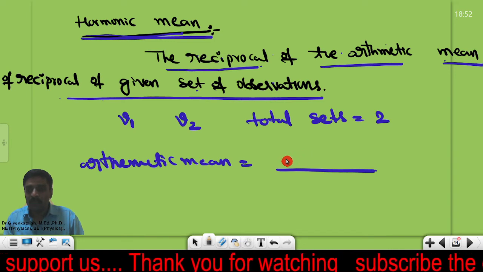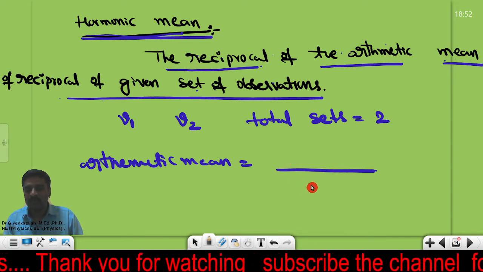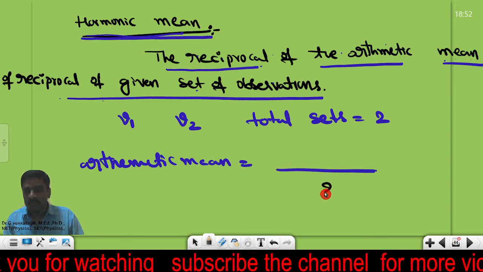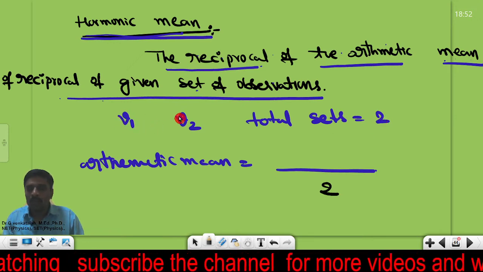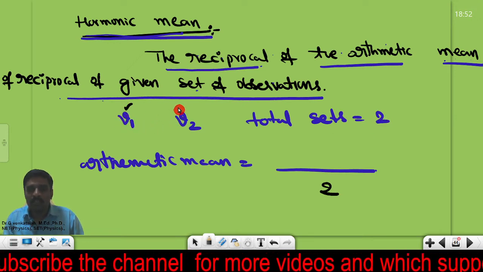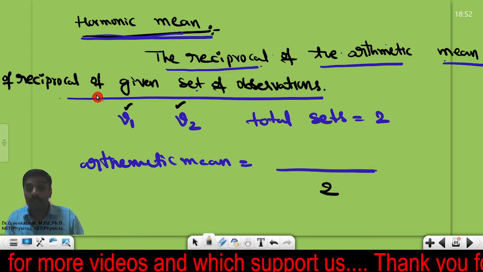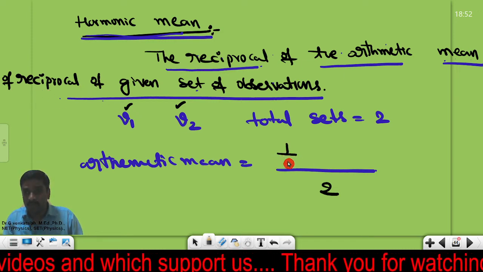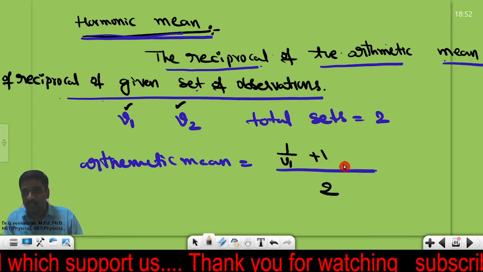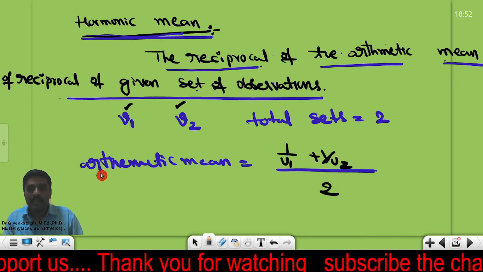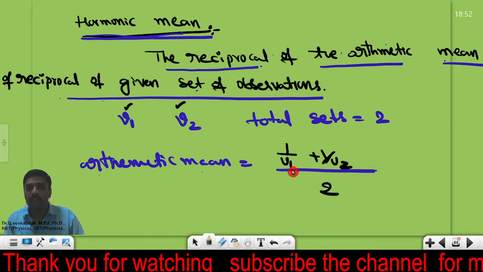Arithmetic mean means the total of the observations divided by the number of sets. The number of sets is 2 here, and the observations are V1 and V2, but we need the mean of the reciprocals, which means 1 by V1 plus 1 by V2.